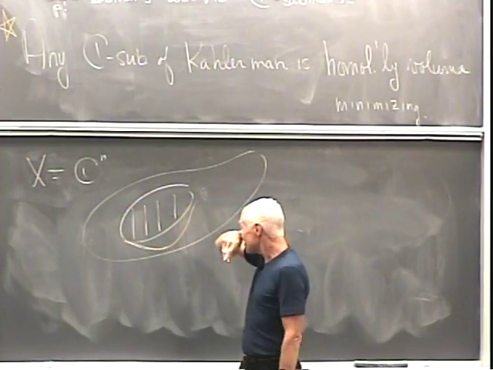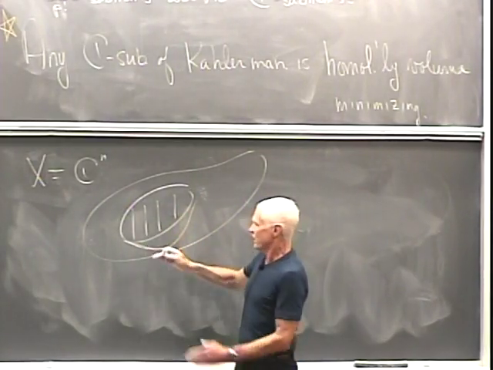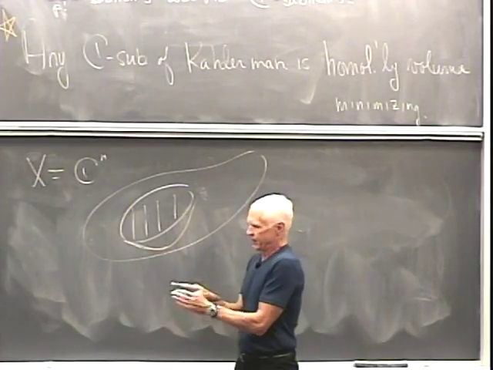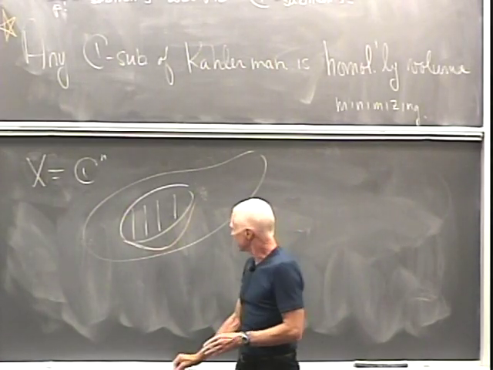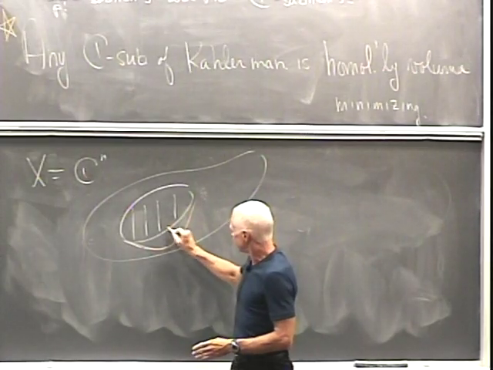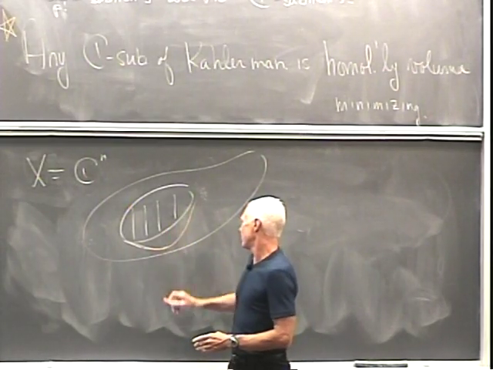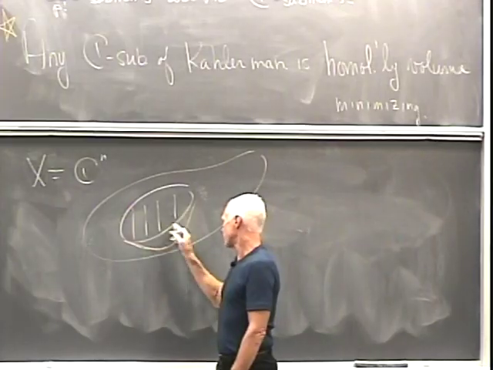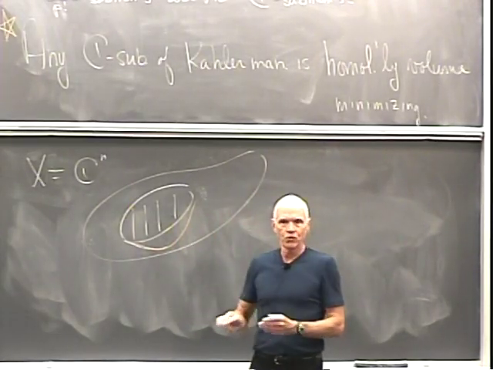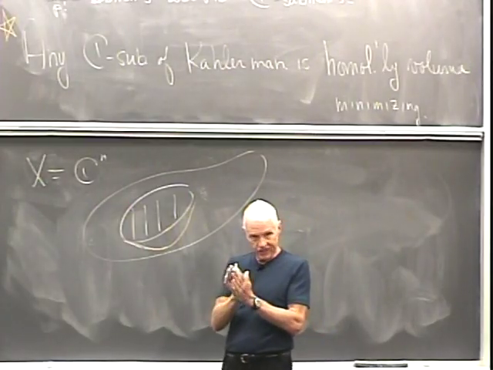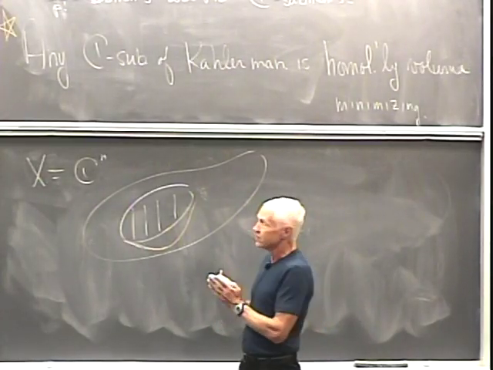And if you have two complex submanifolds whose boundaries agree on some positive measure in dimension 2p minus 1, then they agree. You can't have two complex submanifolds having the same boundary in Cn.